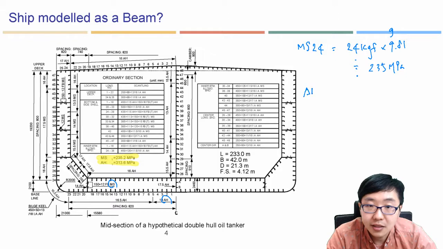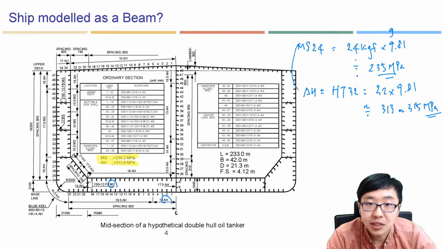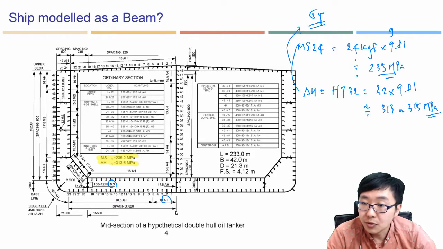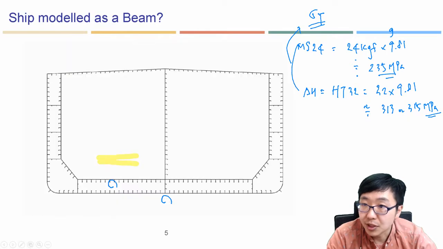And the AH is the same as high tensile 32, which is 32 times 9.81, nearly 313 or 315 megapascal. So those values represent material capacity. What I'm talking about is yield strength. So this is the given information and why they are talking about this.